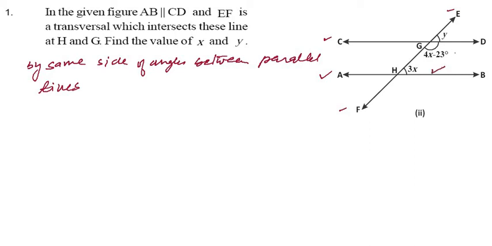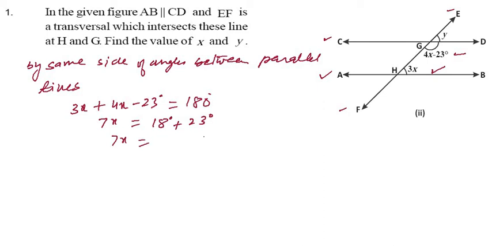You can see this angle and this angle are on the same side. So you can write here 3x plus 4x minus 23 will be equal to 180 degrees. Now add this 3 and 4, that is 7x is equal to 180 degrees and minus 23 degrees, it will be positive.